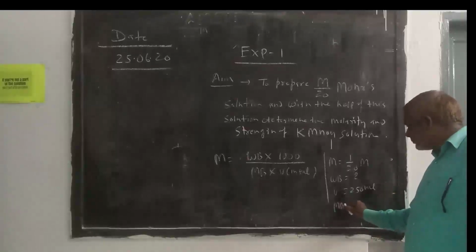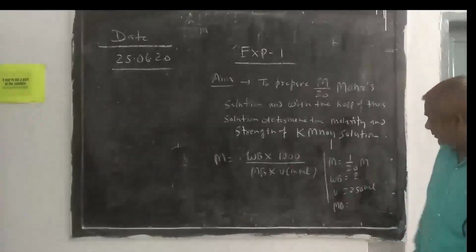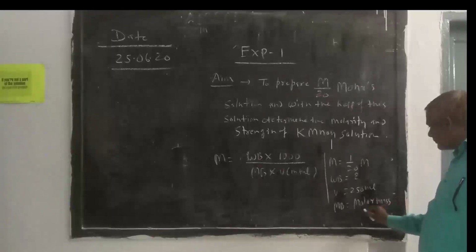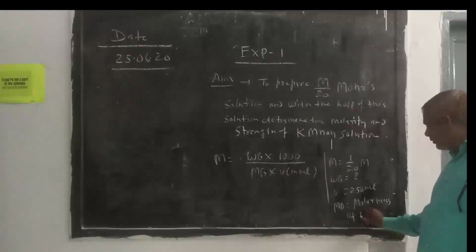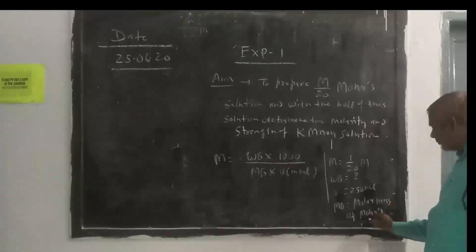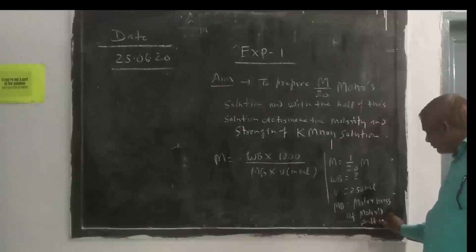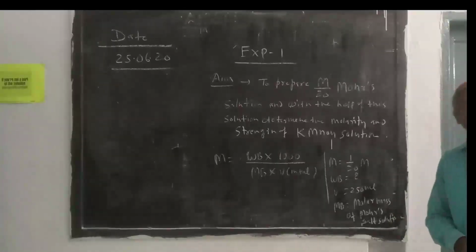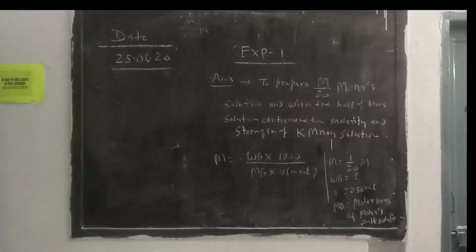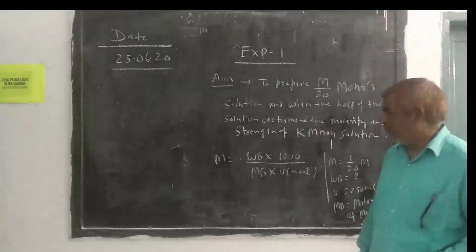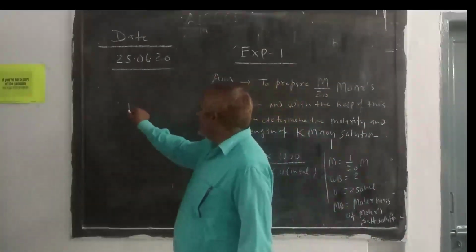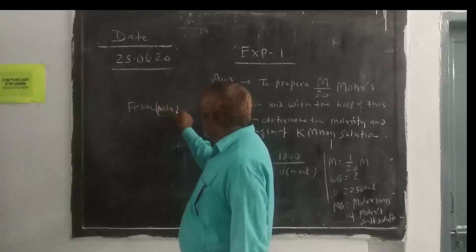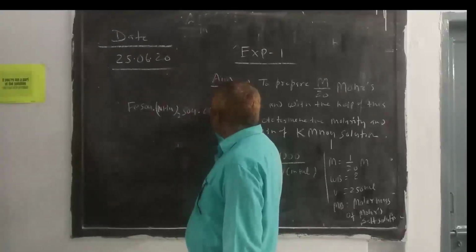MB is the molar mass of Mohr's salt. So find out the molar mass of Mohr's salt. The molecular formula for Mohr's salt is FeSO4(NH4)2SO4·6H2O.